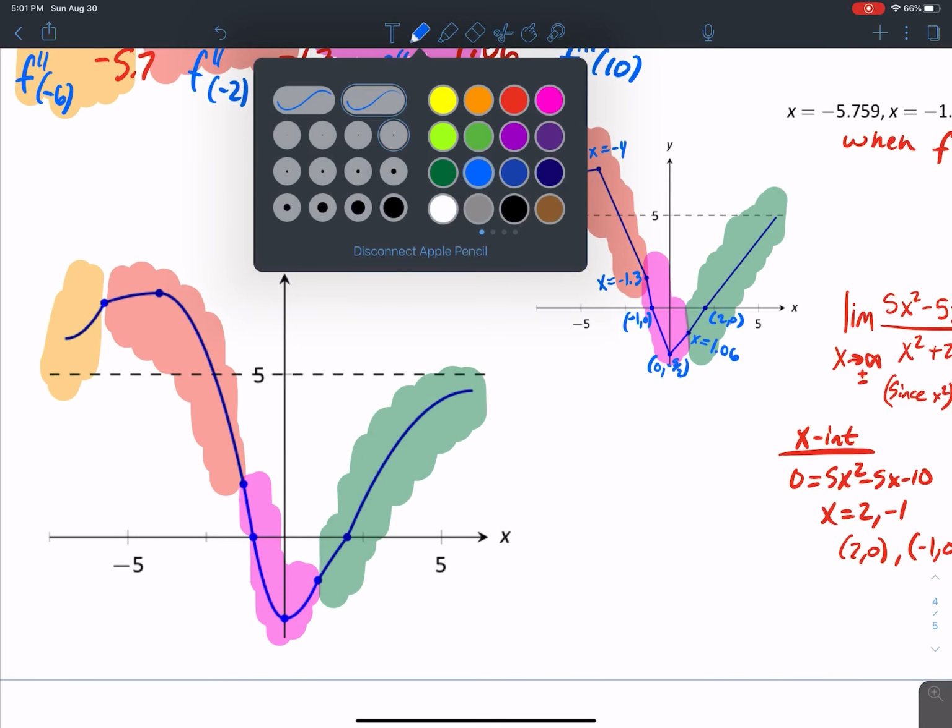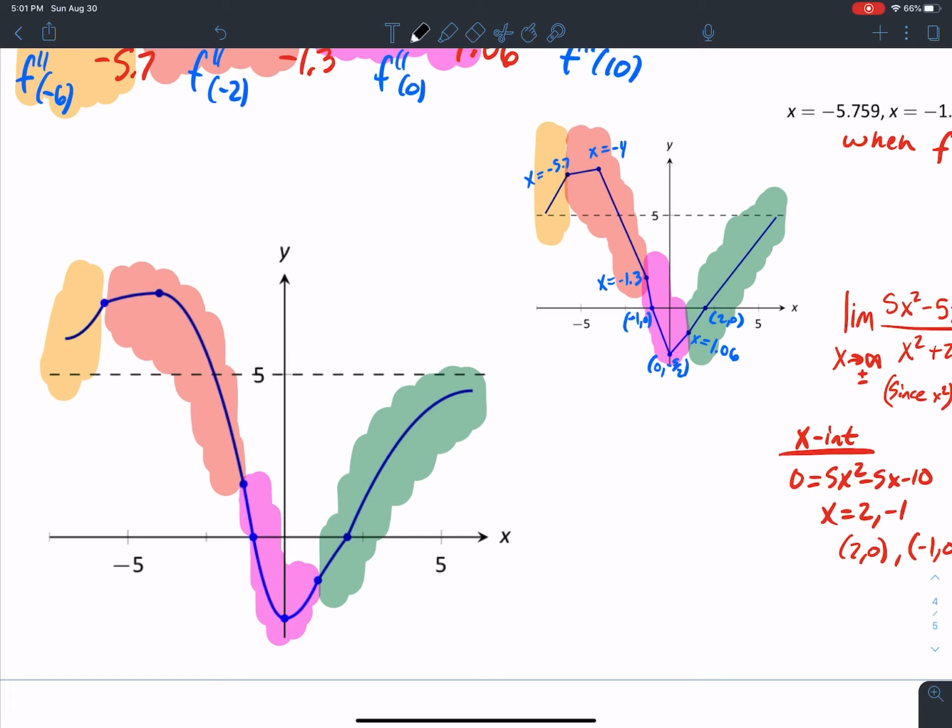Keeping in line with what we've done in the past, we're increasing, we're plus, and then we hit the max, so now we're decreasing, negative, and then we hit the relative min. This kind of looks like an absolute min, right? And then we're increasing, plus, okay?